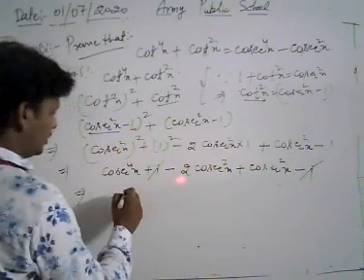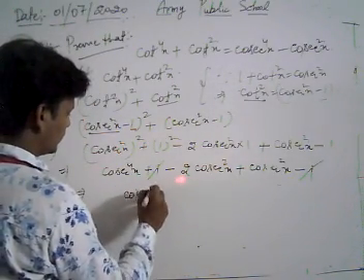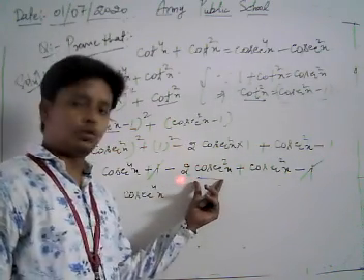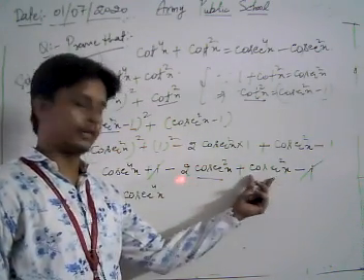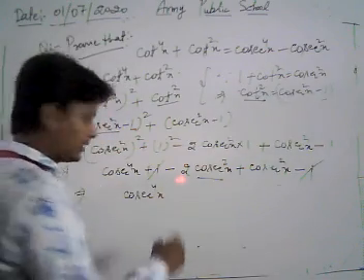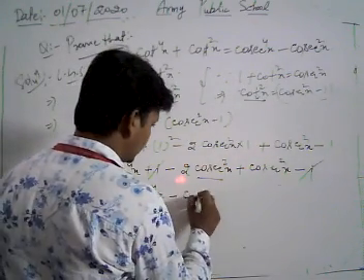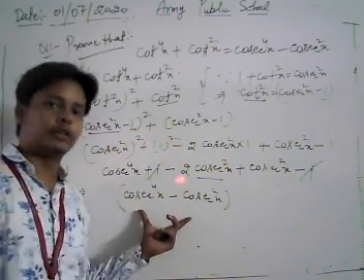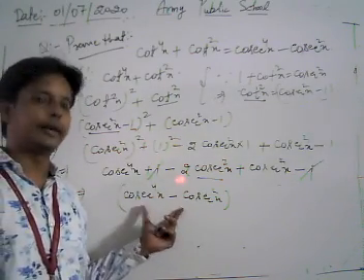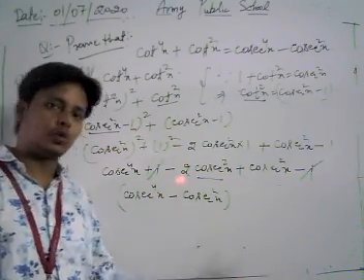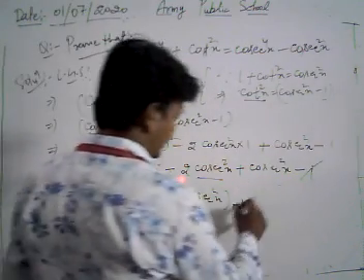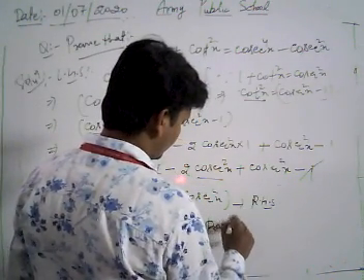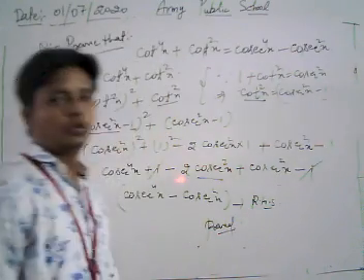Now here cosec to the power 4x, minus 2 cosec square x plus cosec square x. So we get minus 1 cosec square x. So we get our result, cosec to the power 4x minus cosec square x, which is our RHS, hence proved.